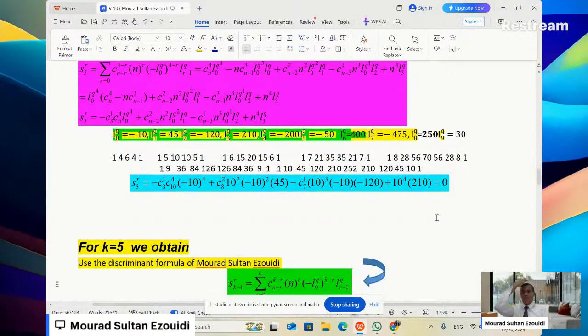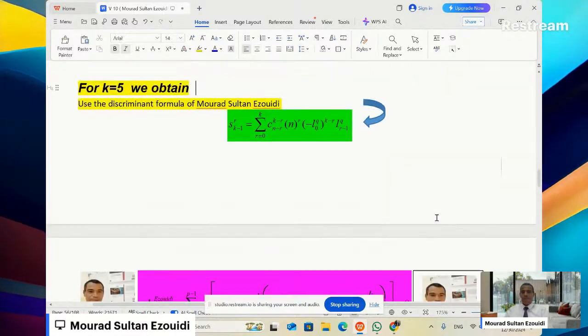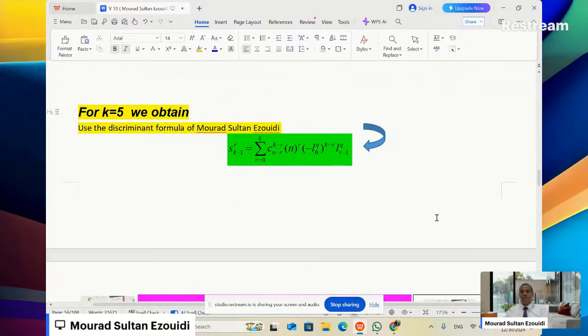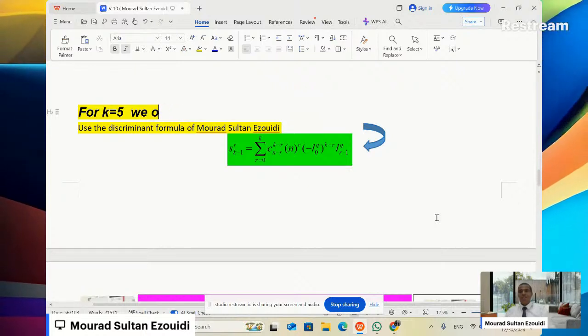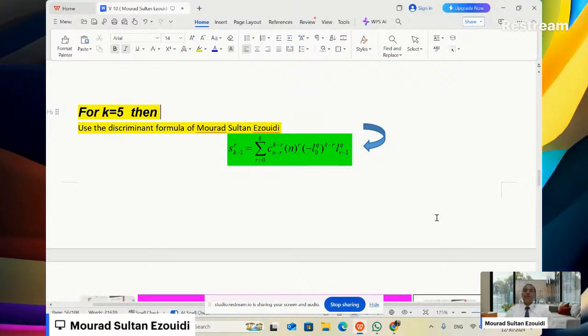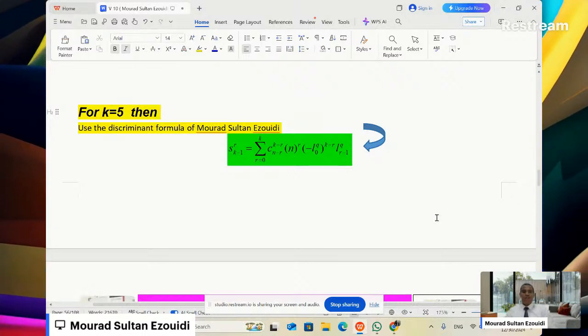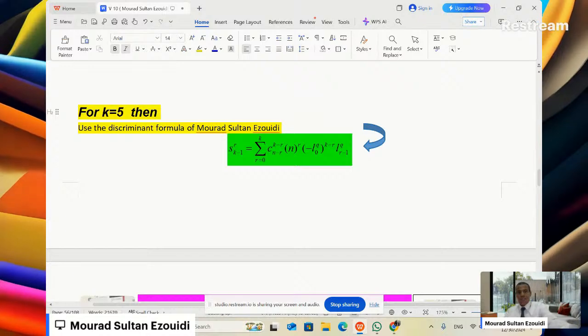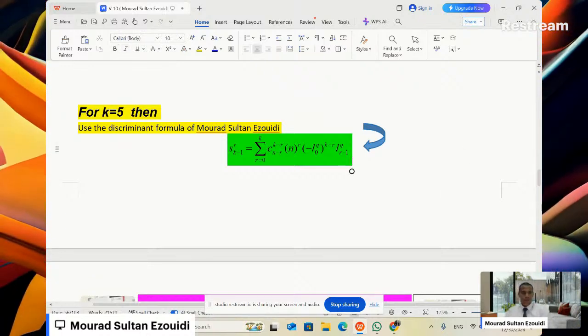Okay, so now my kids, my professors and learners here, to find S4, you should put k equal 5 in this formula, and then you are going to elaborate this formula. Just a moment.